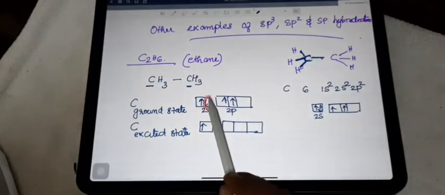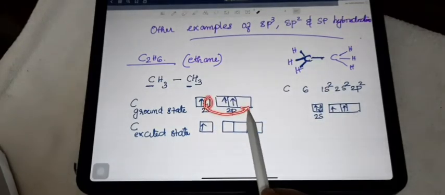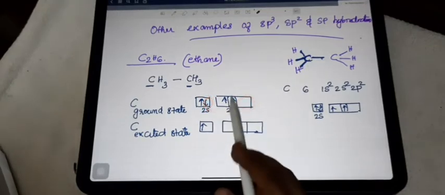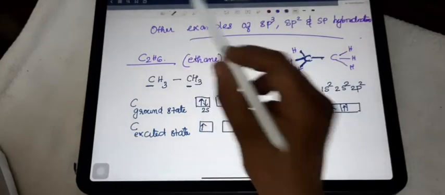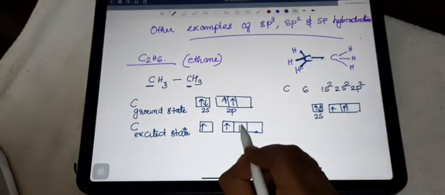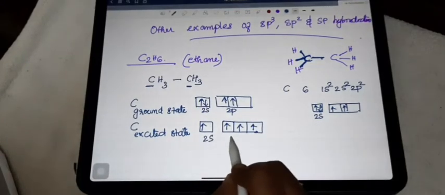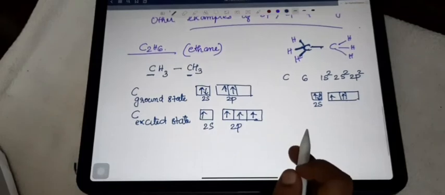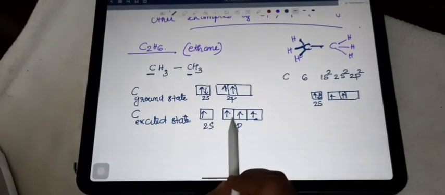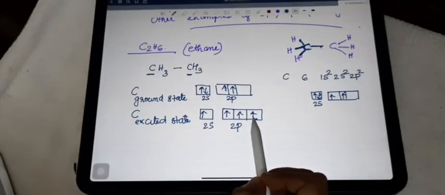One of these electrons will go to the next, vacant shell. Here 2 are already there, and one of these is going to this place. So in 2s and 2p, you know there are 3 half-filled orbitals and one more is ready here.